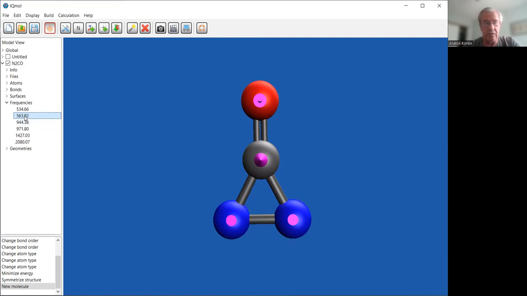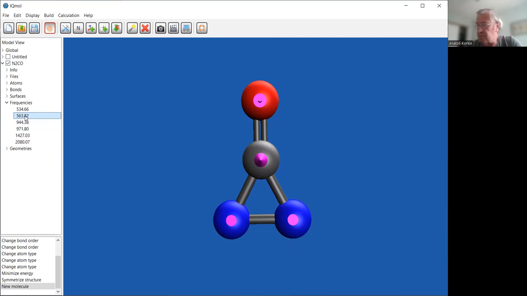So next one. This is actually a perpendicular-to-plane vibration. If it's perpendicular to the plane, it would be anti-symmetric with regard to rotation along the C2 axis, so it's either B1 or B2.